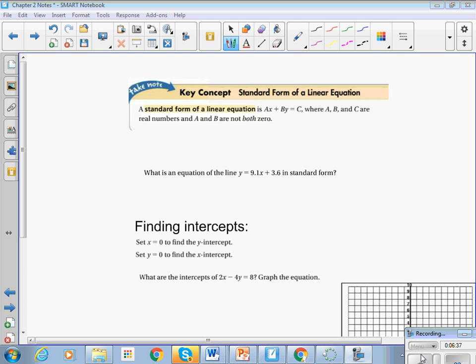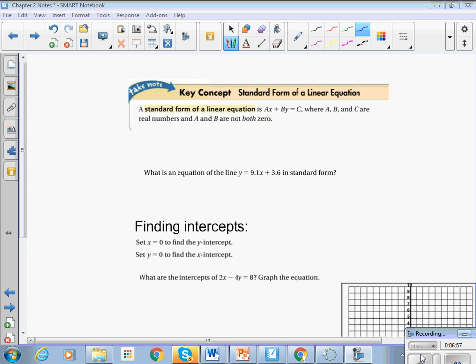Alrighty, so we are going to take this equation, y equals 9.1x plus 3.1, and put it in standard form. So standard form says that all my x's and y's are on the same side, and my constant term is on the right-hand side.